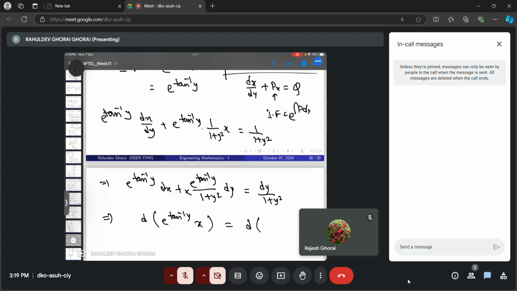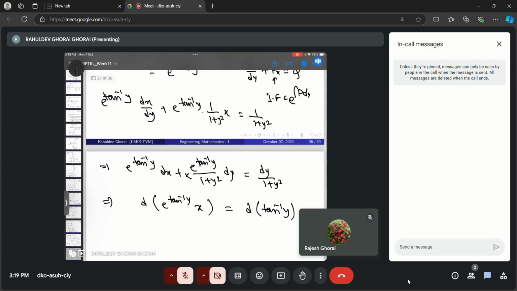The derivative of tan⁻¹y is 1/(1+y²). And here, d of the first component, e^(tan⁻¹y) times dx, that is the first one, and then keep x common, and then d of e^(tan⁻¹y) means e^(tan⁻¹y) times d of tan⁻¹y, which is 1/(1+y²) dy.